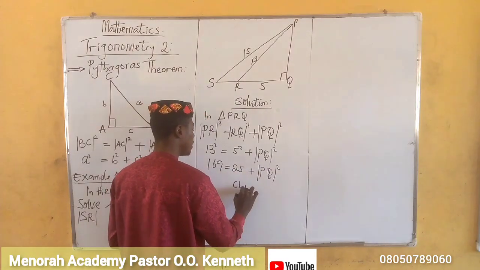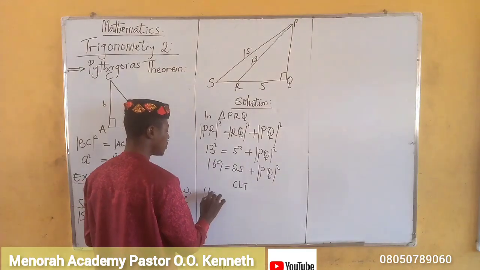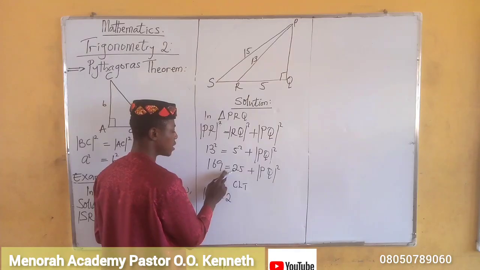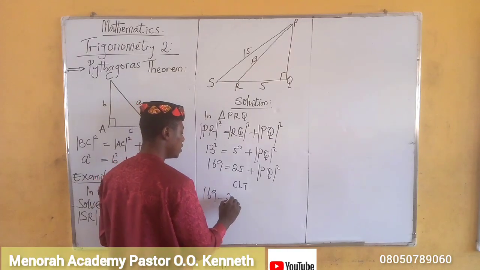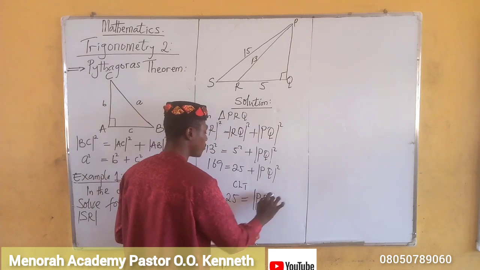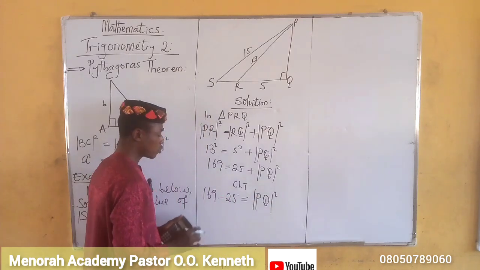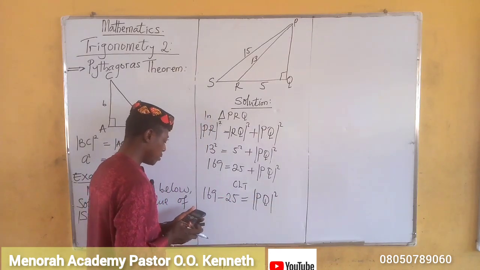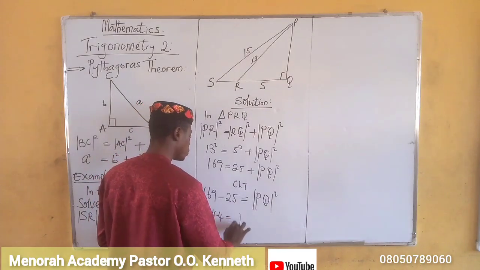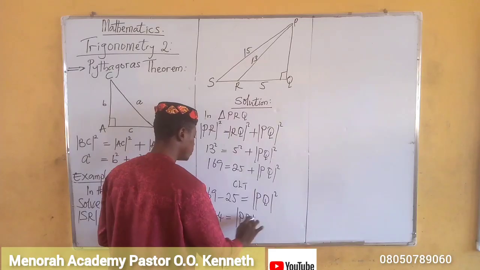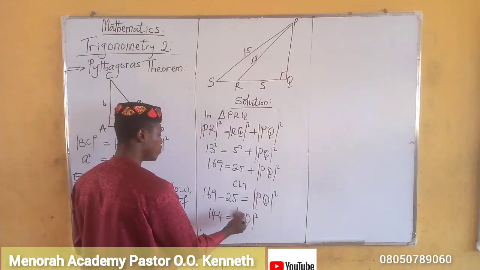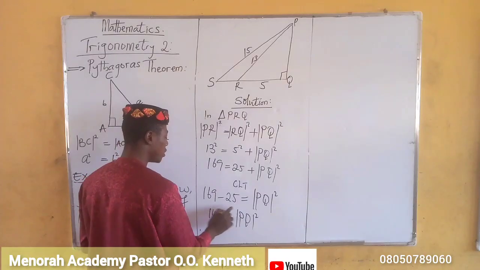So we collect like terms. We are going to have 169 minus 25, because the 25 moves to the left hand side and changes to minus 25, equals PQ squared. 169 minus 25 gives us 144, equals PQ squared. Now we take the square root of both sides in order to clear the square.